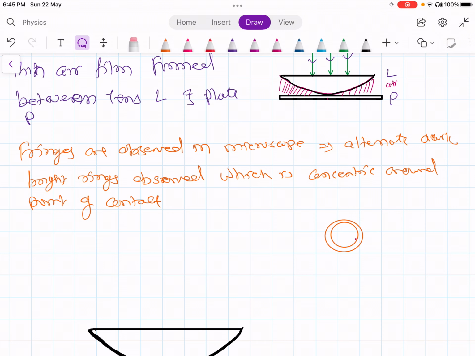There would be a center point over here, and around that center point, there would be dark and bright rings.